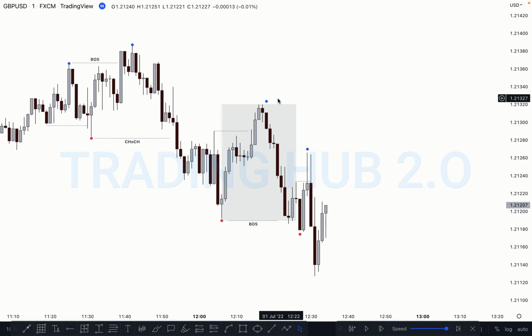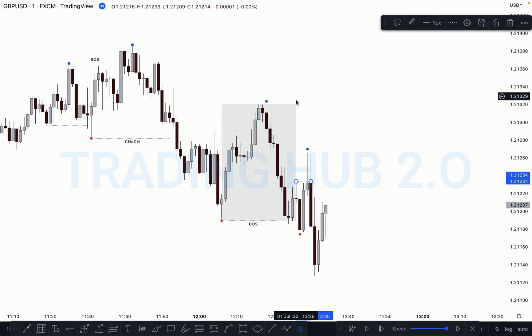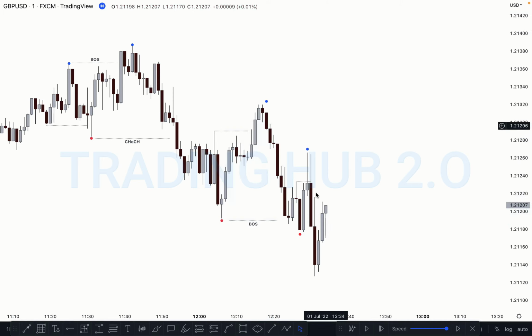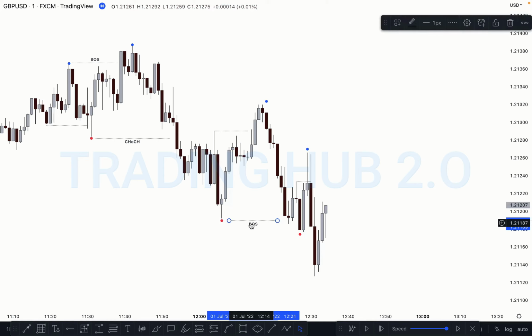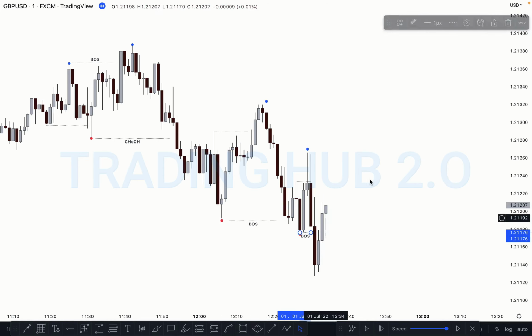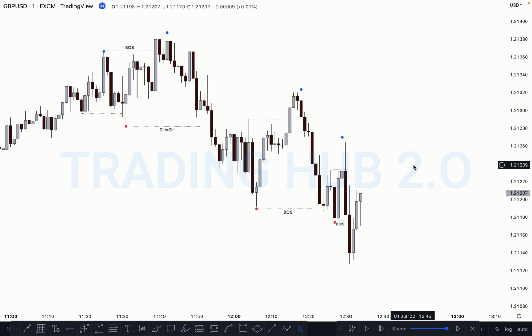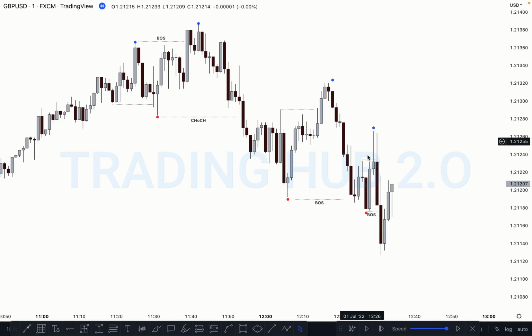So this move is responsible for this move, and this move is responsible for this move, because this is an internal structure between this high and low, right? So this one is also called break of structure. So in this case we can see there is no minor structure, okay?